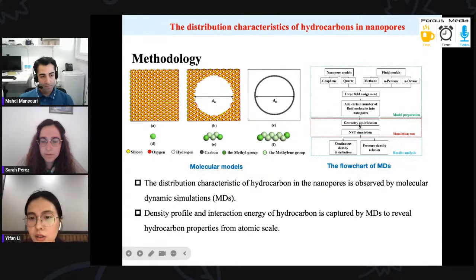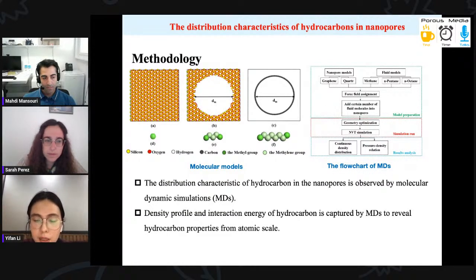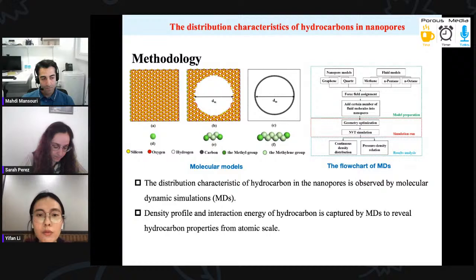After the model preparation, we go to our simulation runs. Before that, we do the geometry optimization first to make sure that our model is stable, and then we apply the NVT simulation.